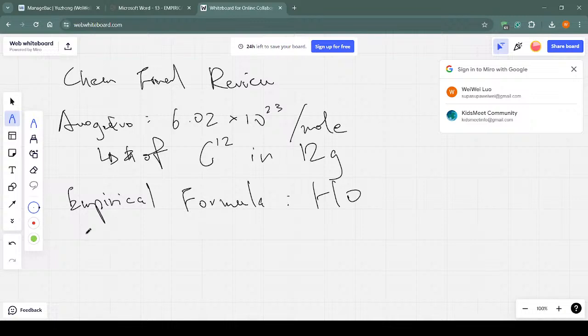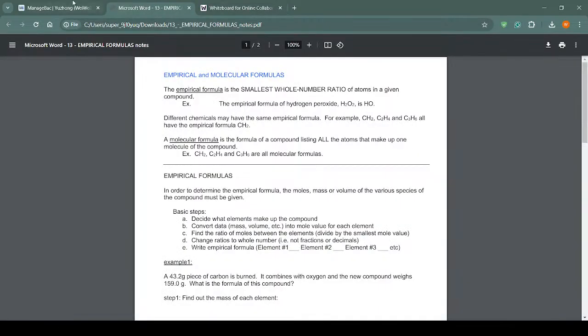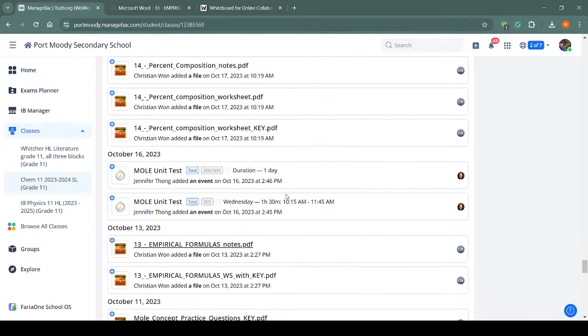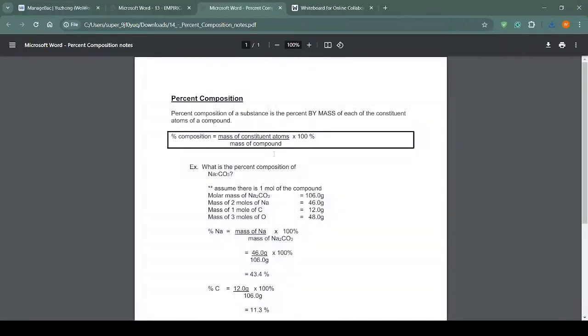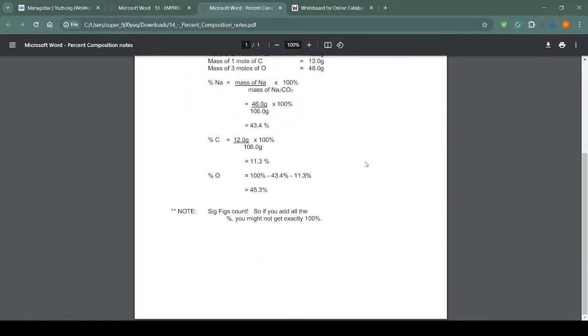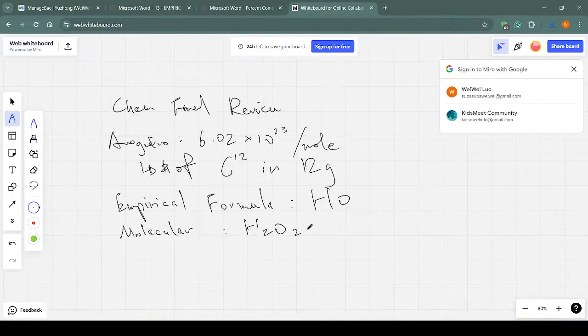Molecular's the whole thing. Percent composition. Mass over mass times 100. Percent composition is mass.